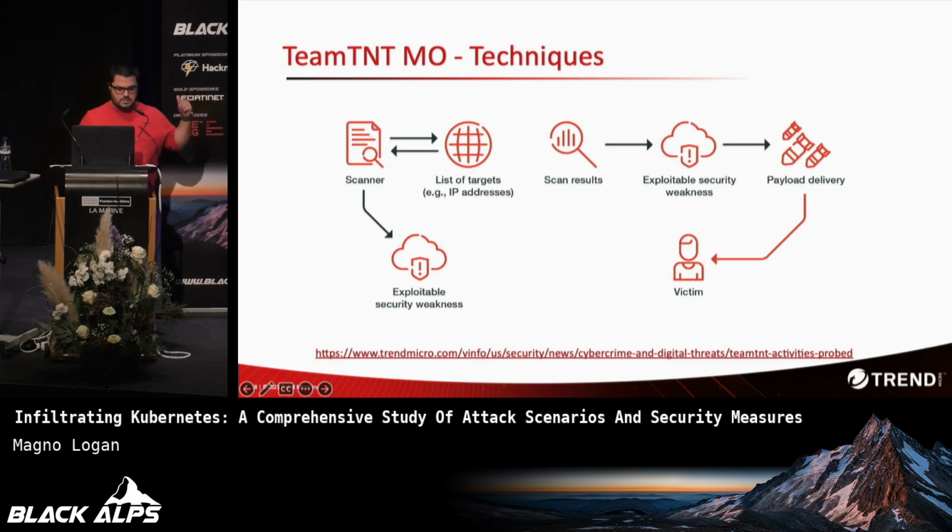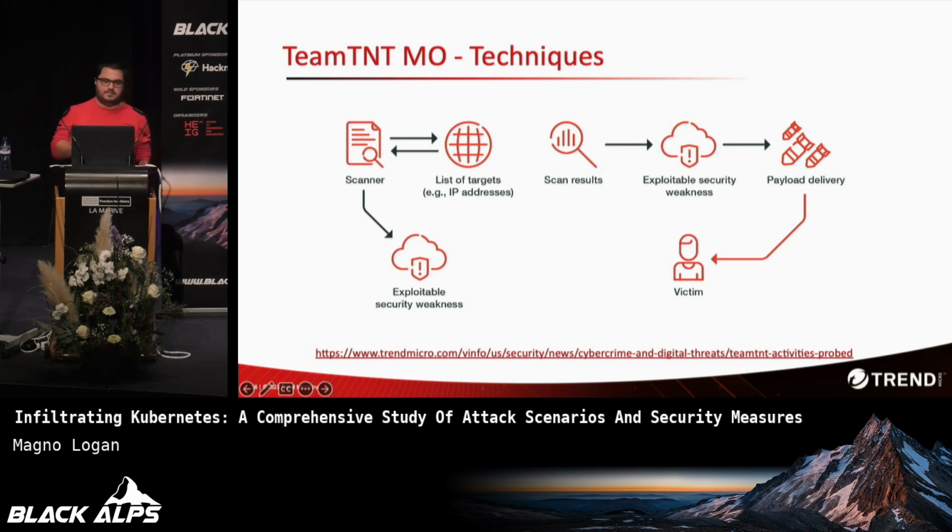I did a research also around GitHub Actions and how they were exploited, not by TMTNT, but other attackers exploited that for free money as well. So again, scan results, exploitable security weakness, payload delivery, and get the victim to start mining cryptocurrencies.